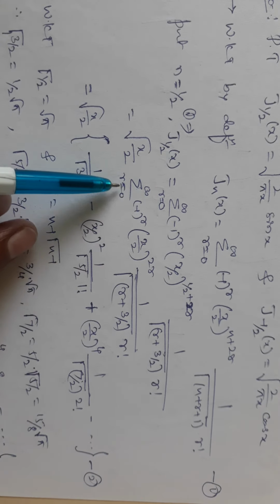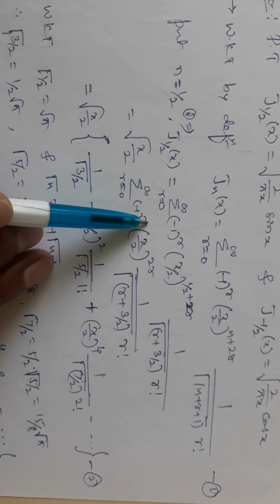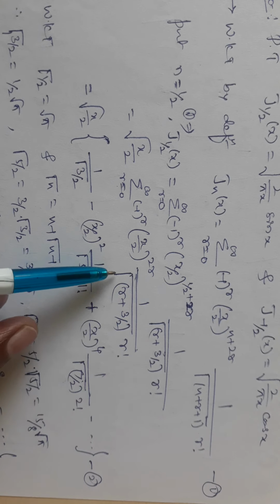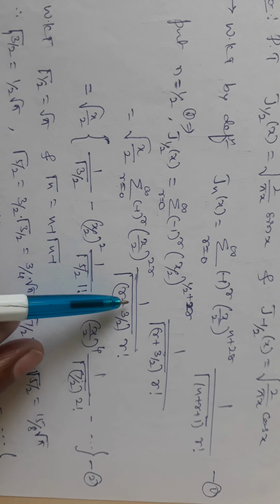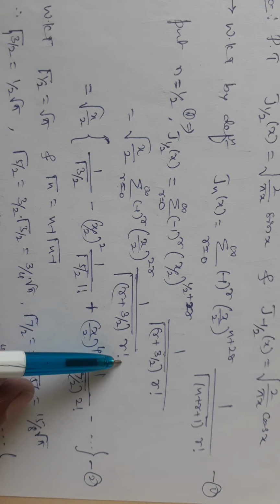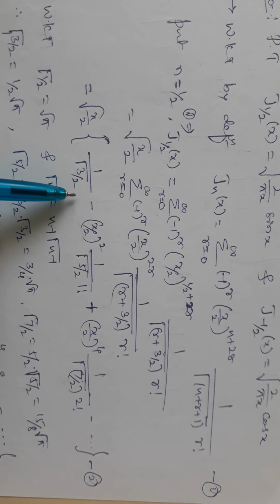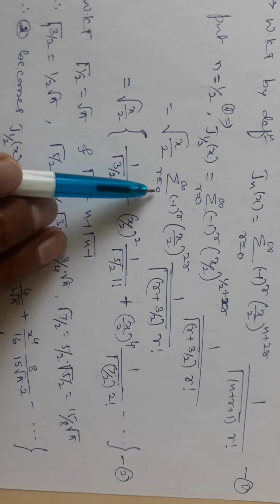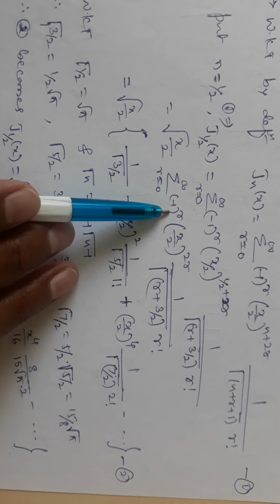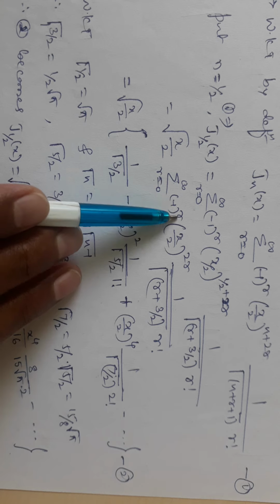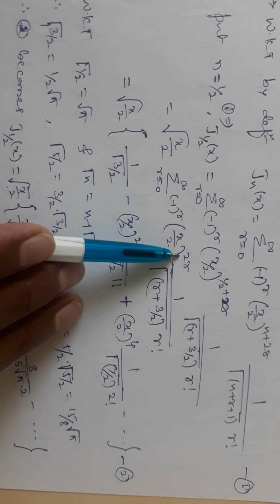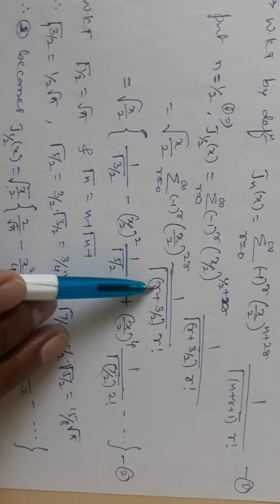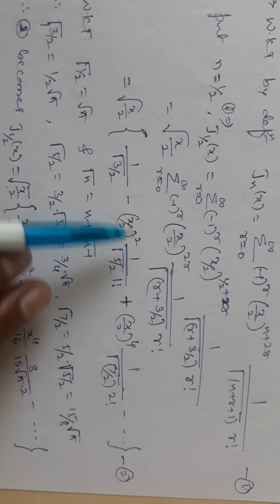Now the summation r equals 0 to infinity, (-1)^r (x/2)^(2r) into 1 by gamma of (r plus 3/2) into r factorial. Now we can expand the summation by starting from r equals 0. If we substitute r equal to 0, (-1)^0 is 1, then (x/2)^0 is 1, then 1 by gamma of 3 by 2, 0 factorial is 1.